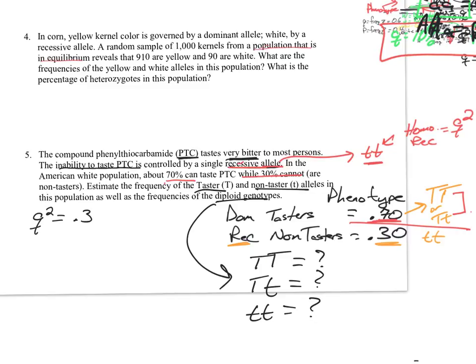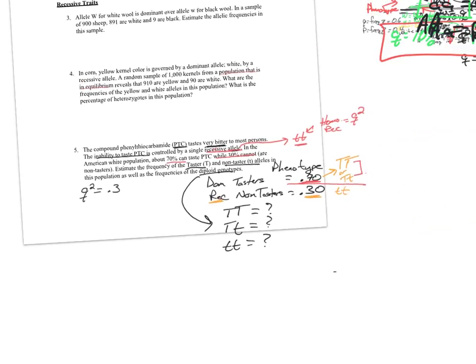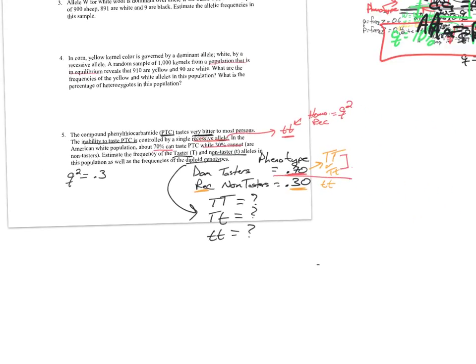So we have 0.3 equals q squared. How do I go from that to finding out the allelic frequencies, the frequencies of the alleles? Good, Omarion, good job. So you got to take the square root. We find the square root of q squared, the square root of 0.3, and that gets us q, doesn't it?